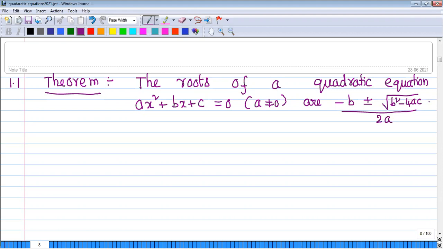So this is also called the quadratic formula. Now we are going to establish the quadratic formula.